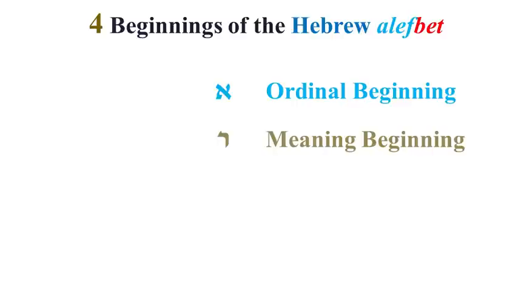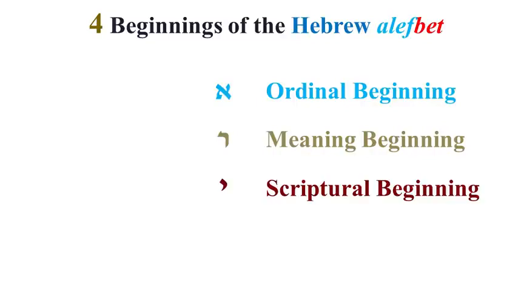If you go by the meaning of words, remember the first word of the Torah, the first full word is Reshit. It does have a prefix in front of it, the bet, but the meaning word is Reshit, beginning. So it begins with a Resh. The scriptural beginning of the Torah is a Yod. Well, why is that?